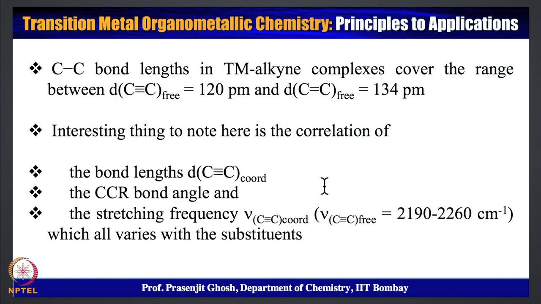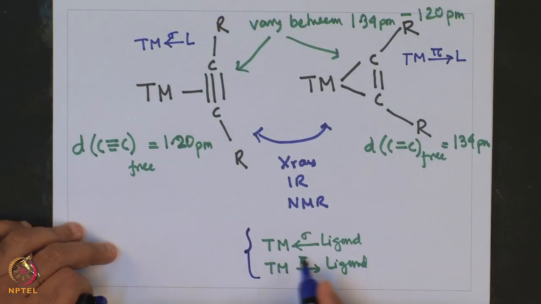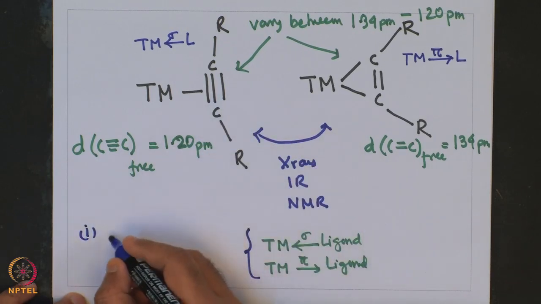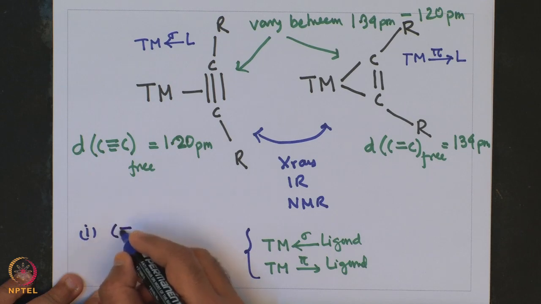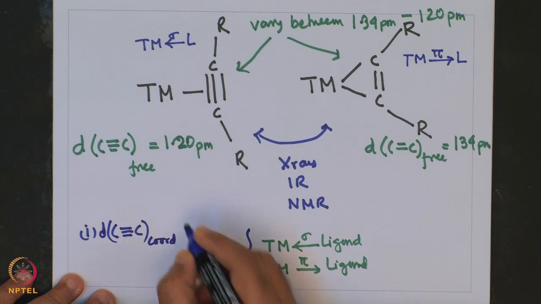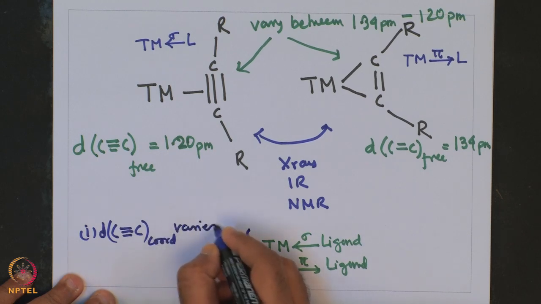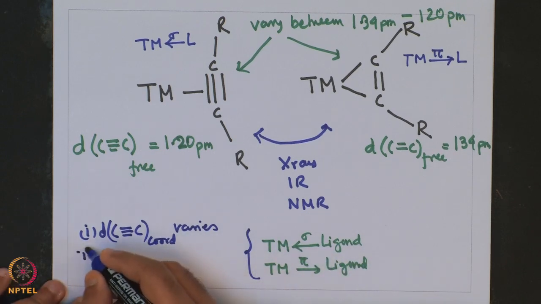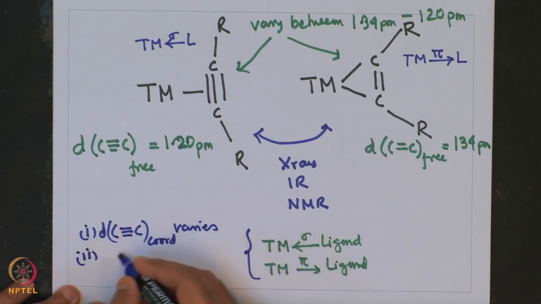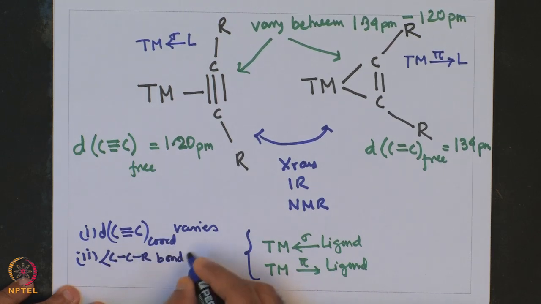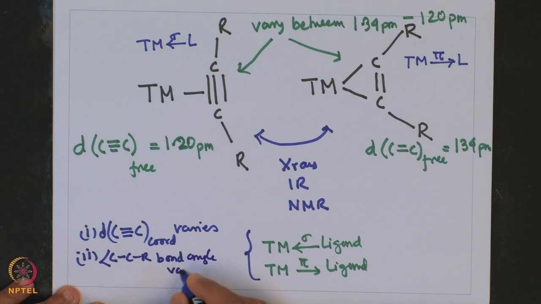So, another artifact of this forward donation and back donation is not only that the coordinated C triple bond C bond length varies owing to the interplay of these two interactions. The other fallout of this is that the CCR bond angle varies.